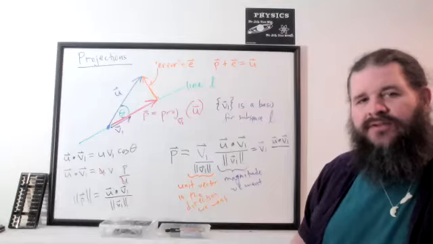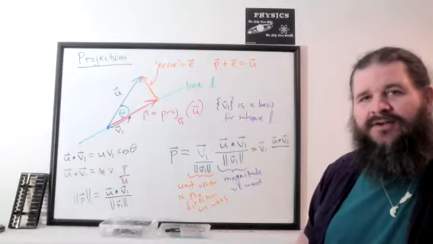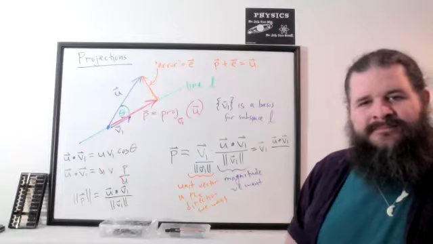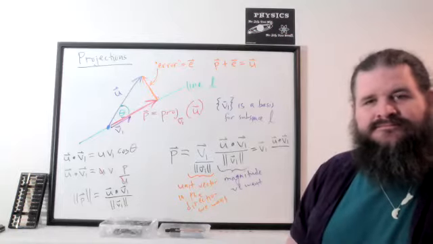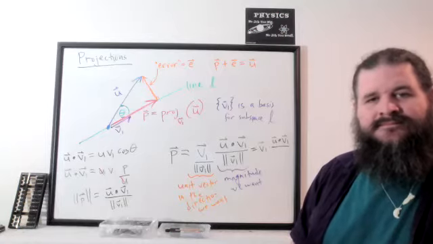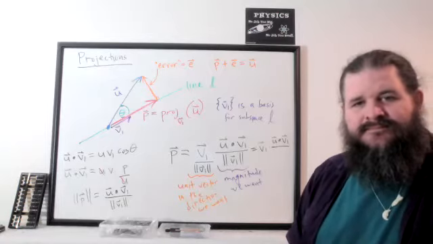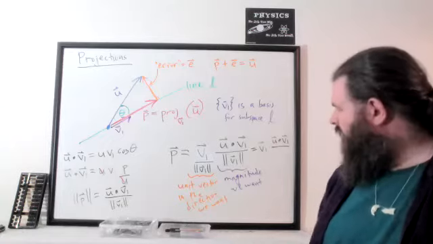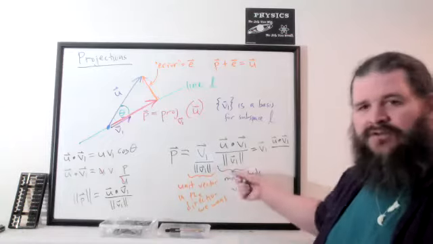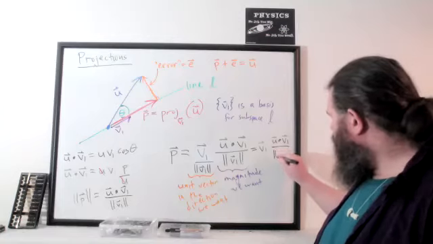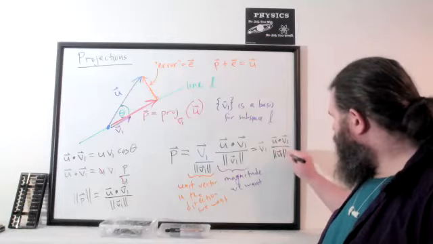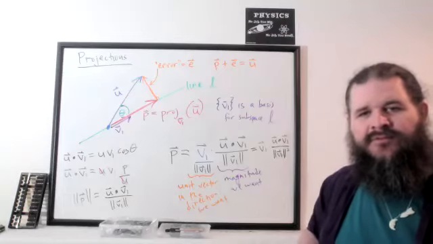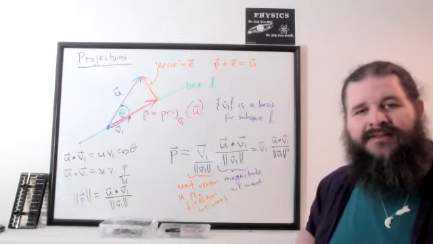Like if you have the components of a vector and you want to calculate the magnitude, how would you do that? I mean, ultimately, we just got magnitude of V1 squared here, right? But how would you actually calculate that? What's your usual procedure for finding the magnitude of a vector?